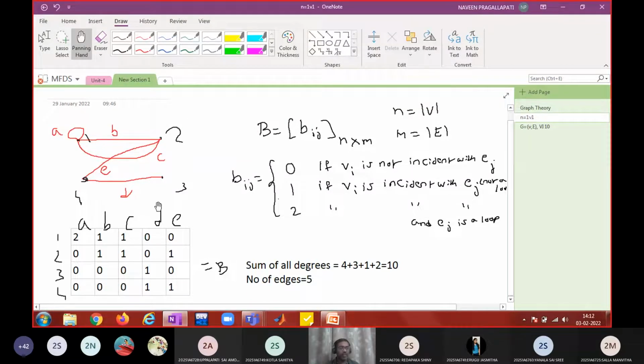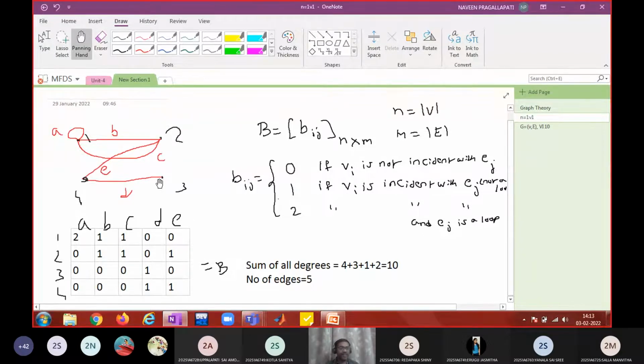Similarly, is 2 incident with A? No, so 0. Is 2 incident with B? Yes, so 1. Is 2 incident with C? Yes, 1. Is 2 incident with D? No, 0. 2 is incident with E, therefore 1.